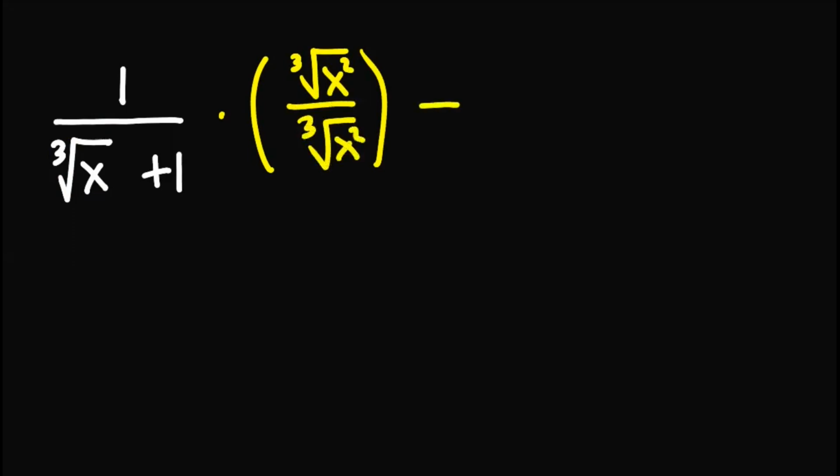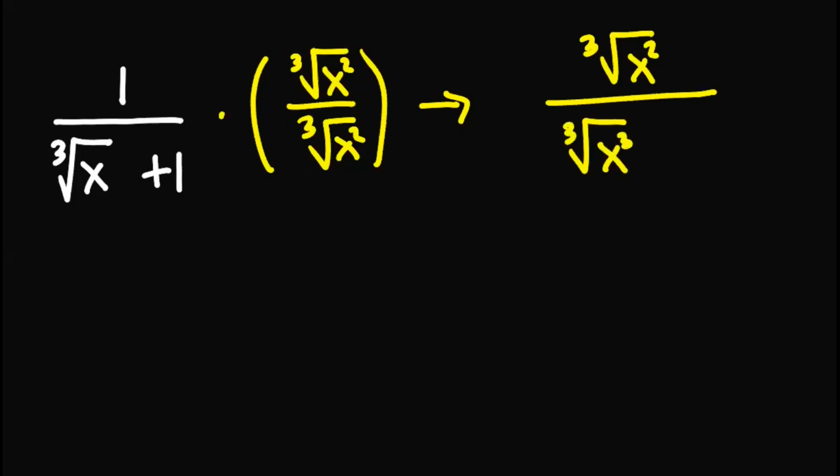Let's try. The outcome here is, numerator is cube root of x squared, denominator is cube root of x times cube root of x squared is cube root of x cubed plus cube root of x. Simplifying, this one will be equal to 1.